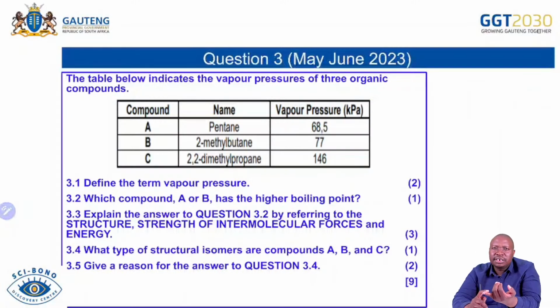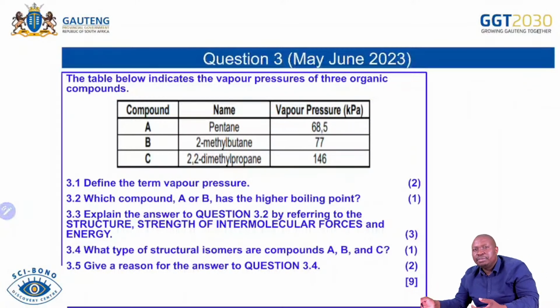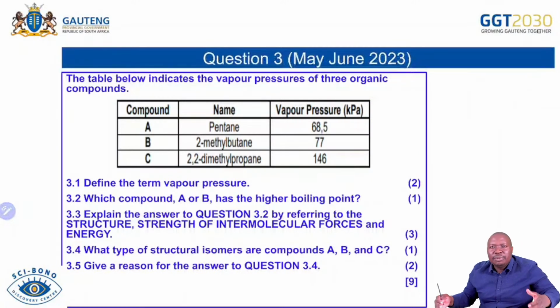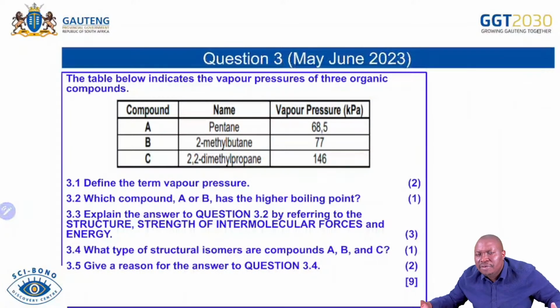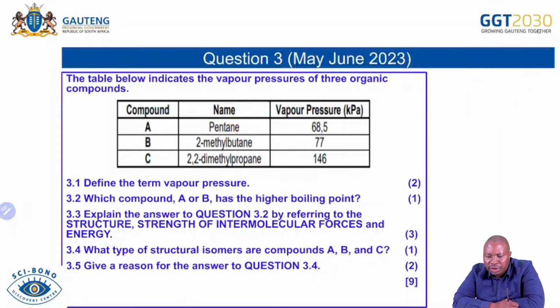Remember, when it comes to melting point, boiling point, and viscosity, as the strength of intermolecular force increases, they also increase, so it becomes easier to deal with those. But when you are dealing with vapor pressure, when the intermolecular forces are stronger, the vapor pressure will be lower. So you get to have that distinction.